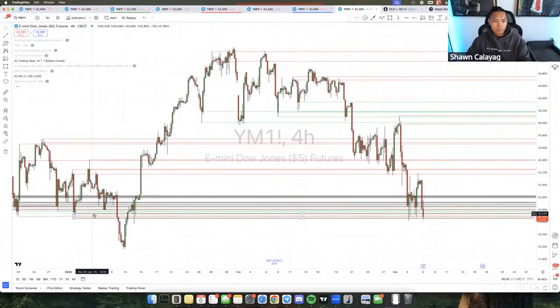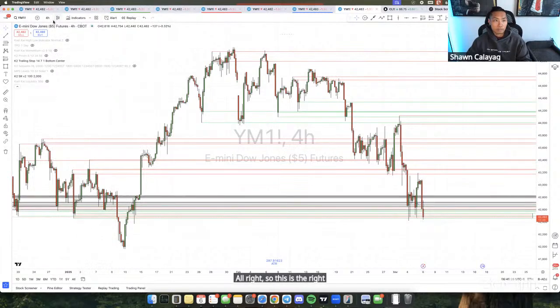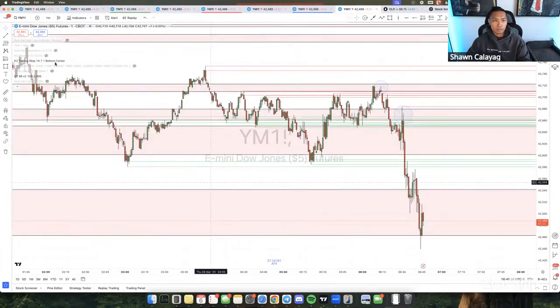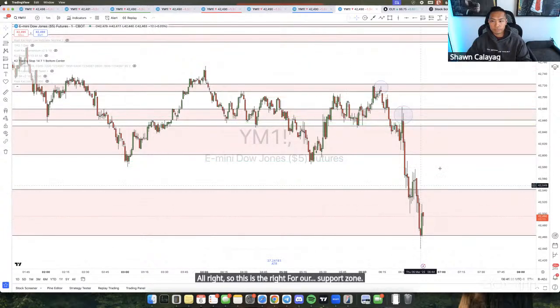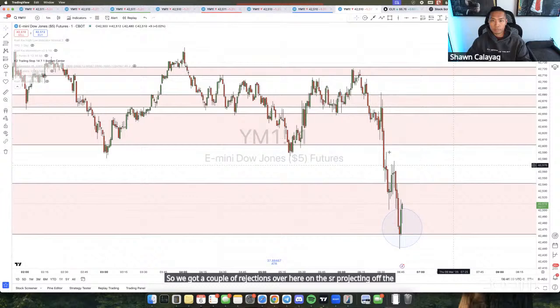All right, so this is the 4-hour support zone. We got a couple of rejections over here on the SR, rejecting off the 4-hour support level right here.